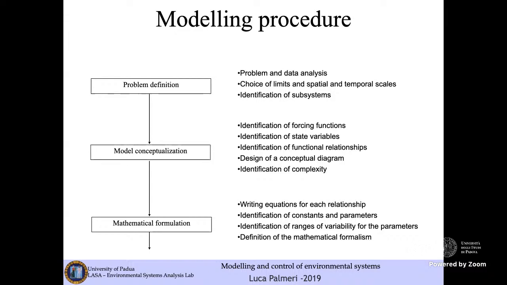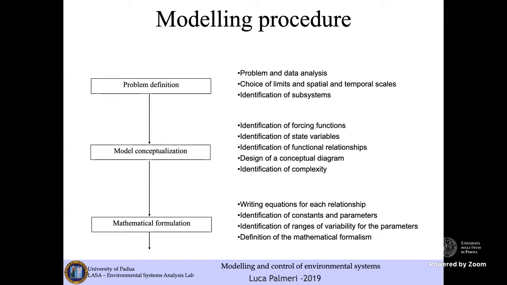In this case, you start to put your hands into the mud, as we say. So you identify the forcing functions, you start identifying state variables, you identify functional relationships between these elements, you start to design a conceptual diagram, and this is the moment at which you start measuring and identifying the complexity of the model.